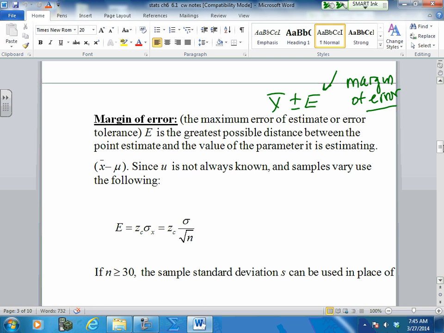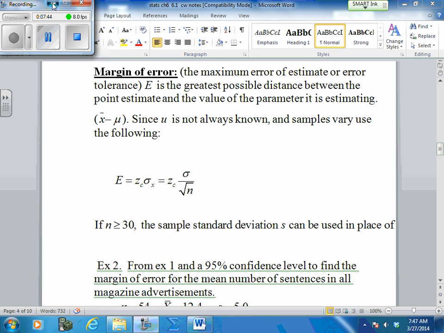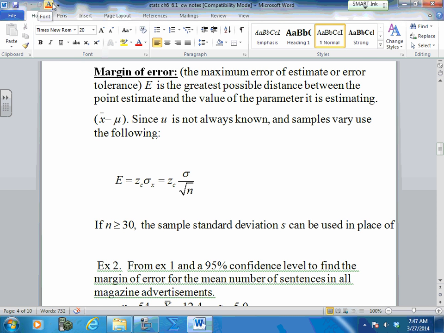I want everybody working on this. What page is it? Is it in this packet? Page 282. Yes. Should I go back to the table? So now, this is your margin of error formula, right here.